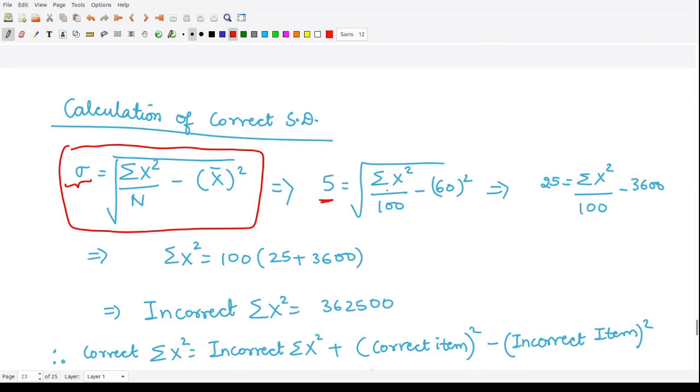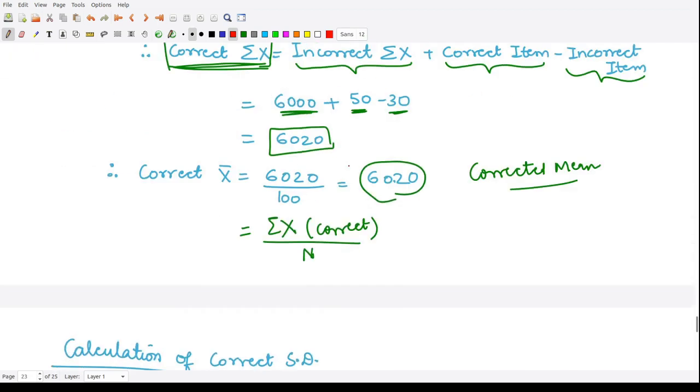You now have to calculate this summation x square. All these quantities are incorrect, right? They have been calculated using the previous values of data, that is using 30 instead of 50. This we know is 100, and the incorrect value of mean is also known to be 60.